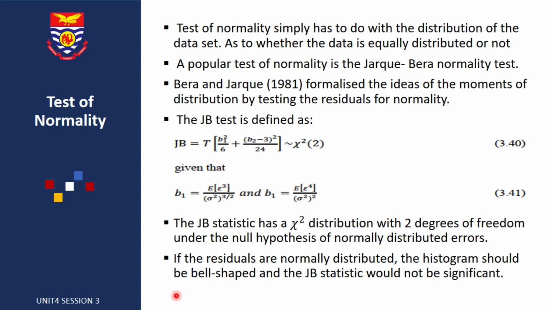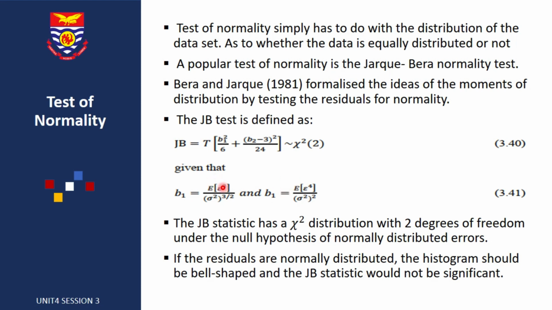So the Jarque-Bera test is defined as we see in equations 3.4 and 3.41. So the JB test is equal to T into bracket 2. B1 and B2 are simply the beta coefficients, and the final result should be in a chi-square. Equations 3.4 and 3.41 are used in testing for the Jarque-Bera test, and B1 is explained as this and B2 is explained as this.